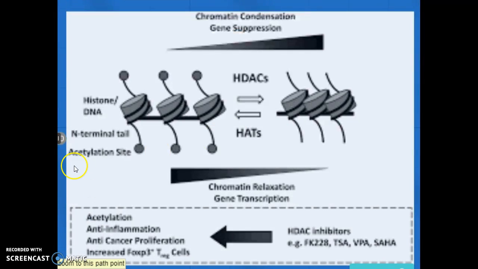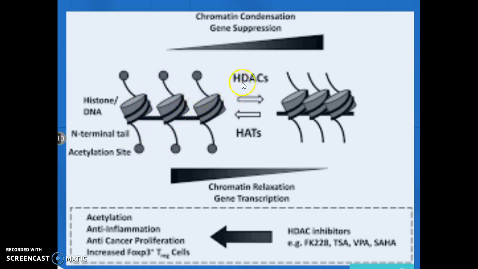In this picture, you can see how the unacetylated are tightly bound. When you use HATs, now containing acetyl groups, you can see how it's a little looser and you can reach some of the sequences on the DNA.